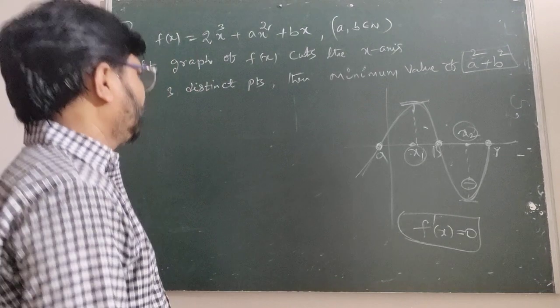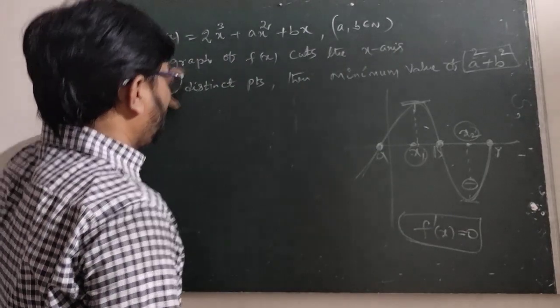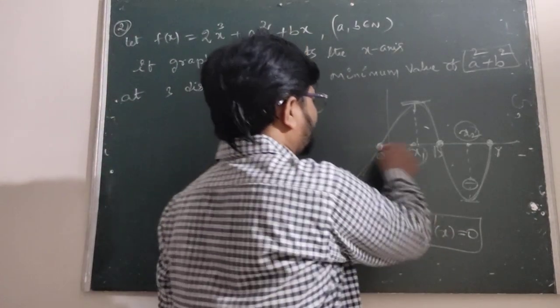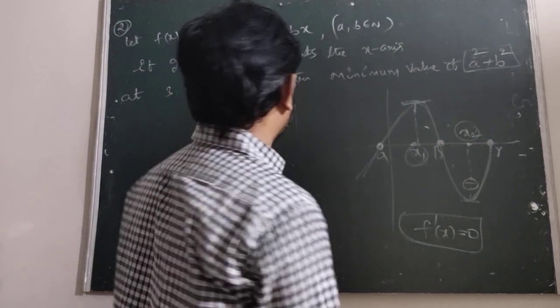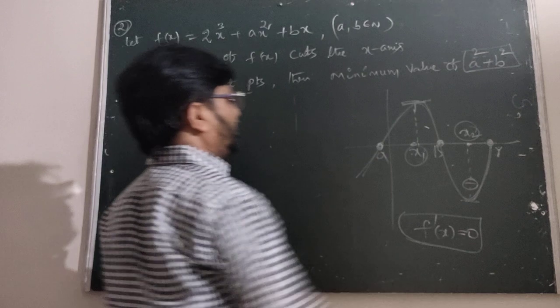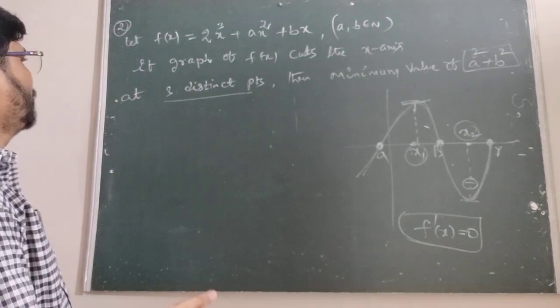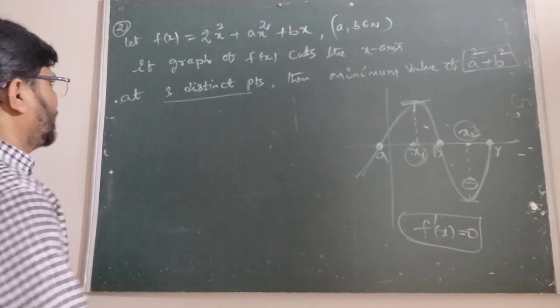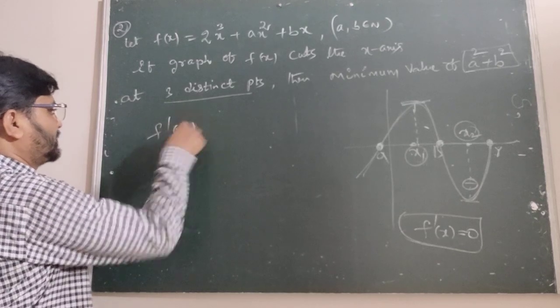Now here the graph of f of x cuts the x-axis in three distinct points. Then we find the minimum value of a square plus b square. Now we are finding f dash of x.